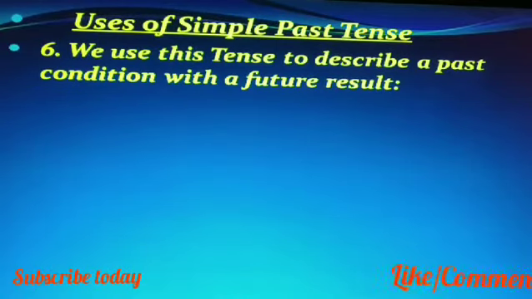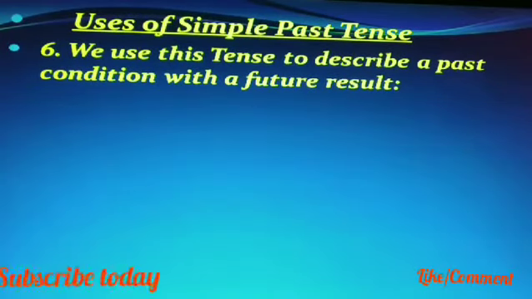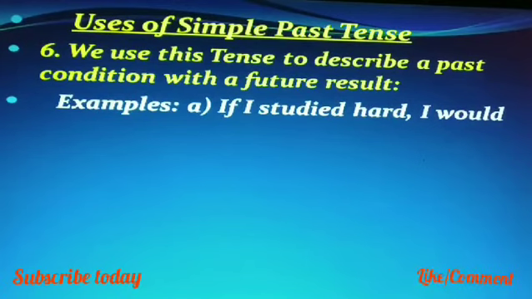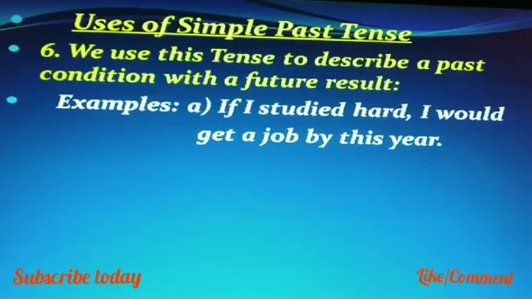Again, we use this tense to describe a past condition with a future result. Condition means if clause. It expresses a past incident with a future result. Look at the examples. If I studied hard in the past, I could get a job by the end of this year.